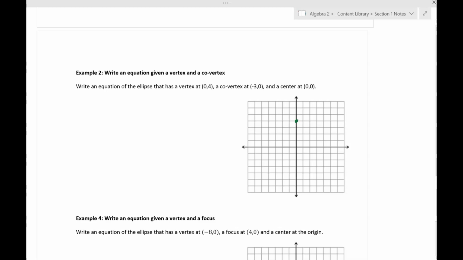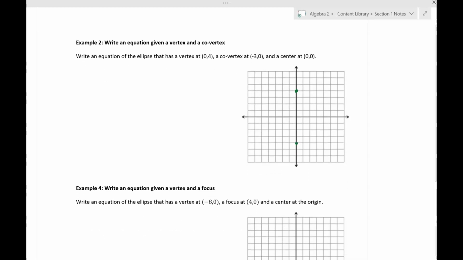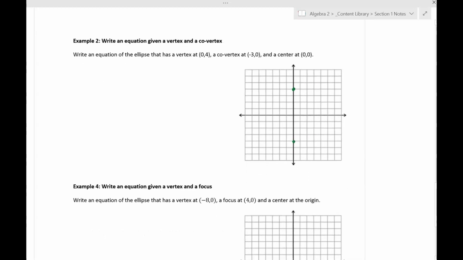Well, if that's its vertex, you should already kind of know this is going to be a vertical shaped ellipse. If this is a vertex, we also know there must be another vertex down here. And its co-vertex is going to be on the side here, negative 3, 0.